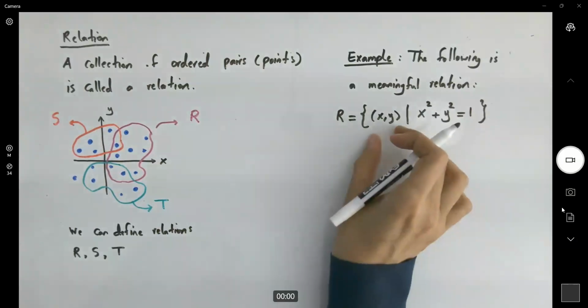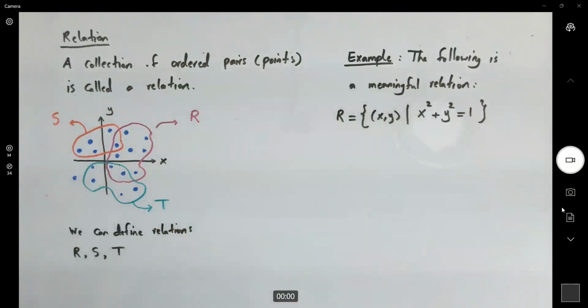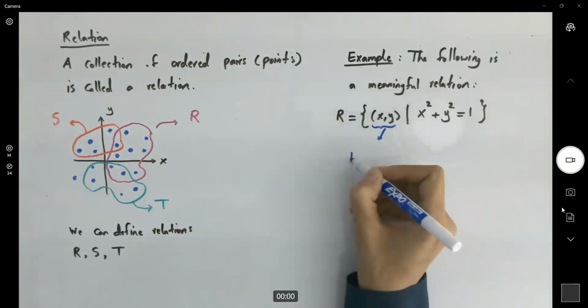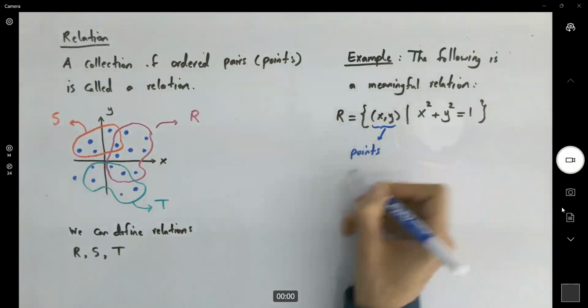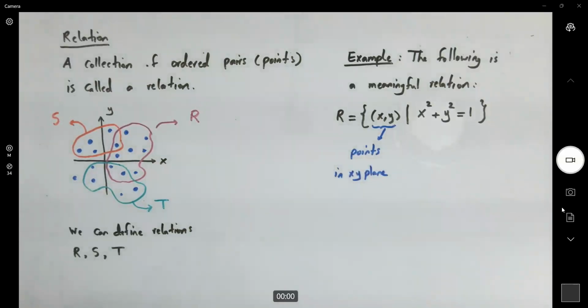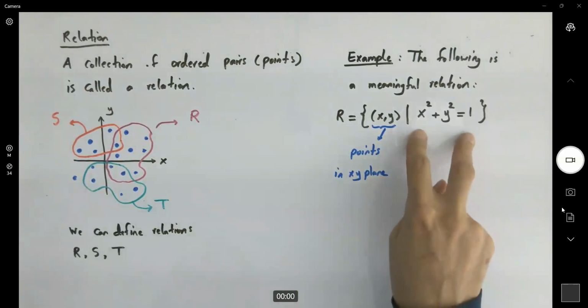Hey, I have a bunch of points. I have a set of points. These are just points, right? In the XY plane. But at the same time, they satisfy this condition.